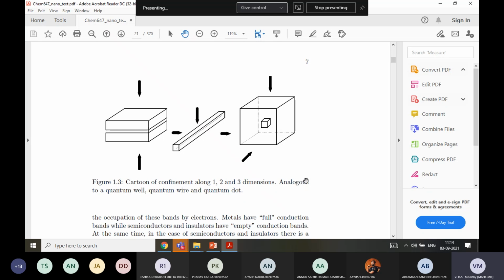But just like in Cartesian X, Y, Z directions, in momentum space also we have an X, Y, Z three-dimensional system. So basically the electron is able to move in a macroscopic material in all X, Y, Z directions in the momentum space. Try to understand.